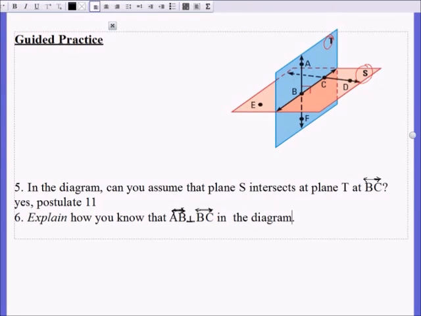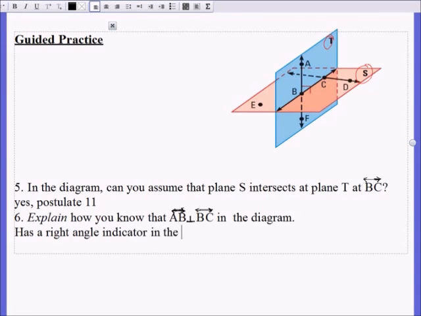Being that it's already indicated, you would say has a right angle indicator in the diagram. And according to the definition of perpendicular, you know that these are perpendicular. They meet at a 90-degree angle.